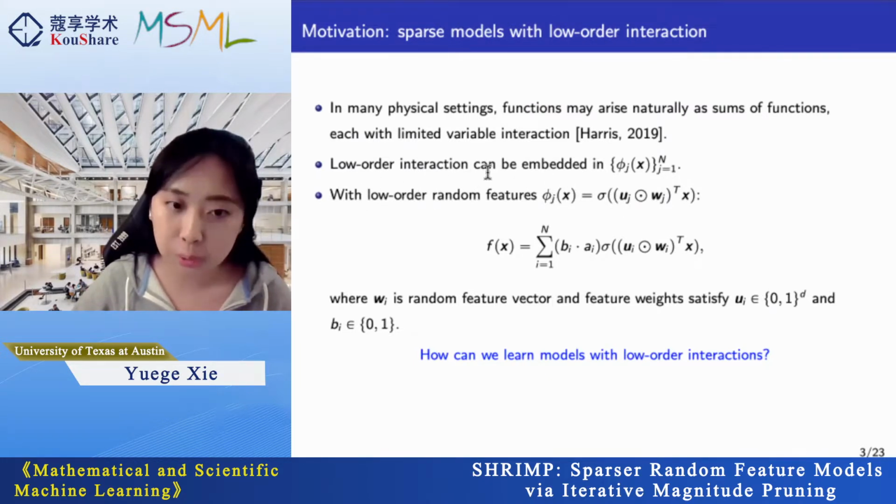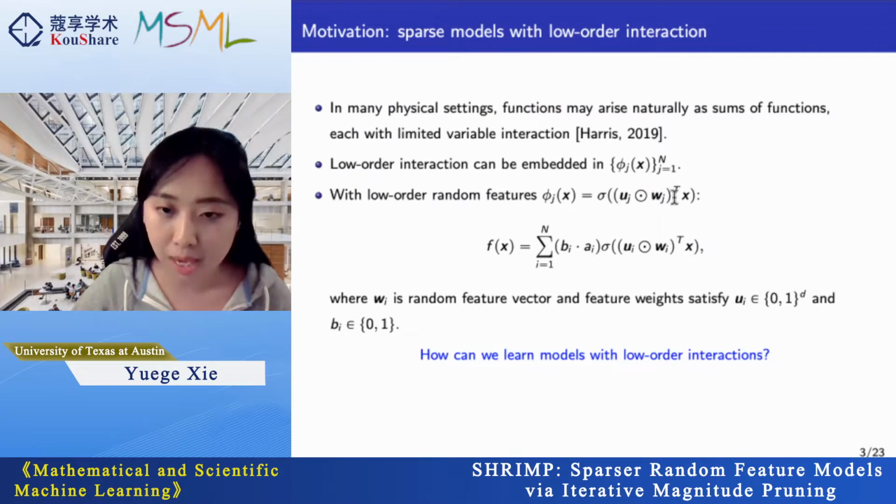And from previous work, we can also represent such low order interaction with low order random features, where phi_j(x) equals the activation function sigma applied to mu_j times the random feature vector w_j times our variable x.